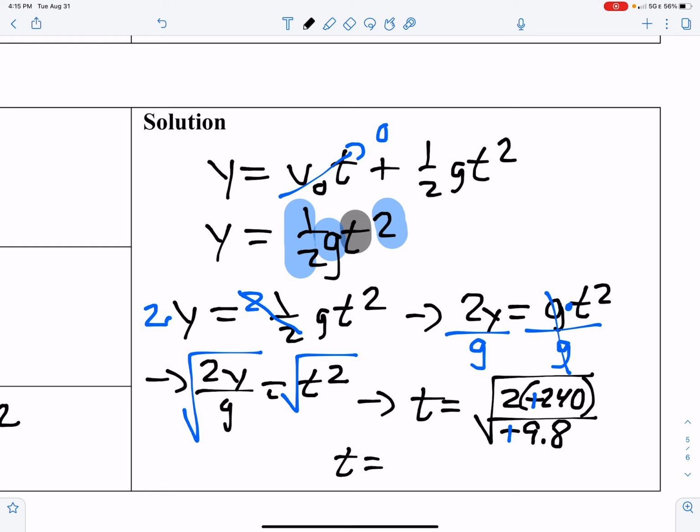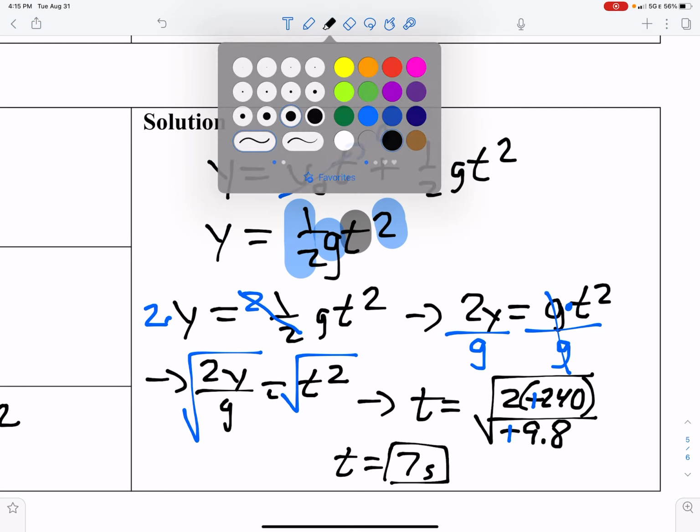Take a second to put that in your calculator. Pause the video while you do that. You should have gotten somewhere around 6.99, or roughly 7 seconds, that it takes to fall.